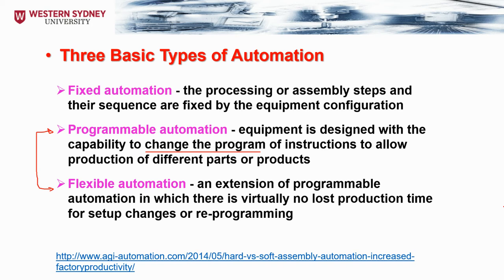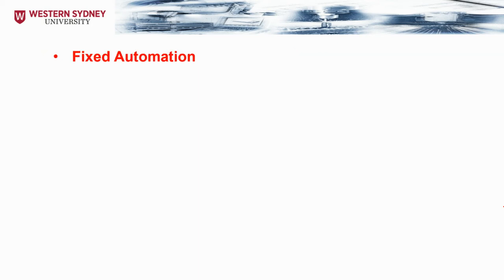For example, the code for part number 1 is going to run for the first 30 processes. It's going to make, for example, 30 parts of product A, and then the code will be changed, and we're going to make 50 pieces of product B. So things change without changing any actual setups or pre-programming for the operation.